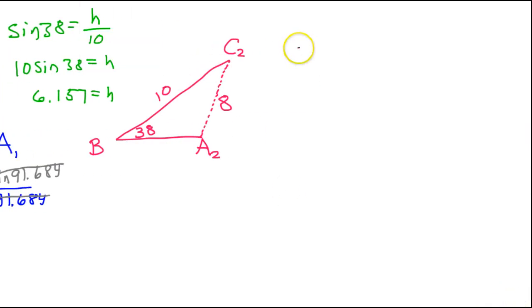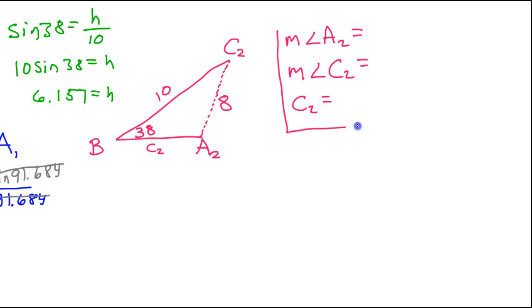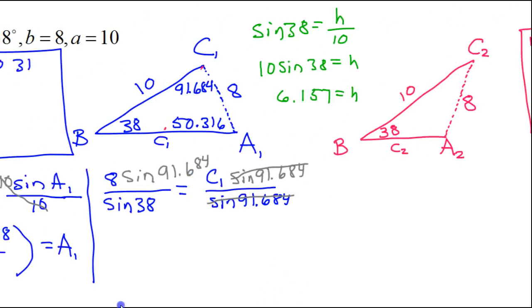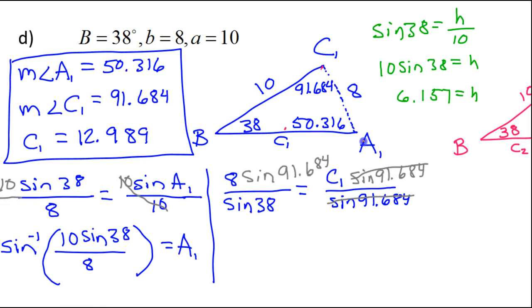Let's start by forming our solution box. We need to find the measure of angle A2, the measure of angle C2, and the length of side C2. Once we find these three values, we will have solved the red triangle. Now, we will have to find this obtuse angle A2 in a different way than we found the acute angle A1.